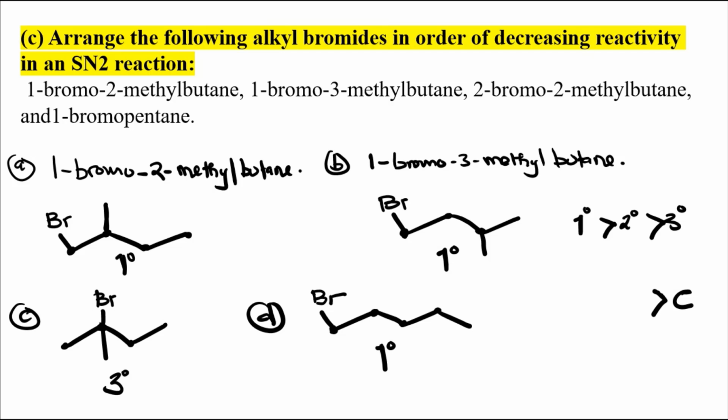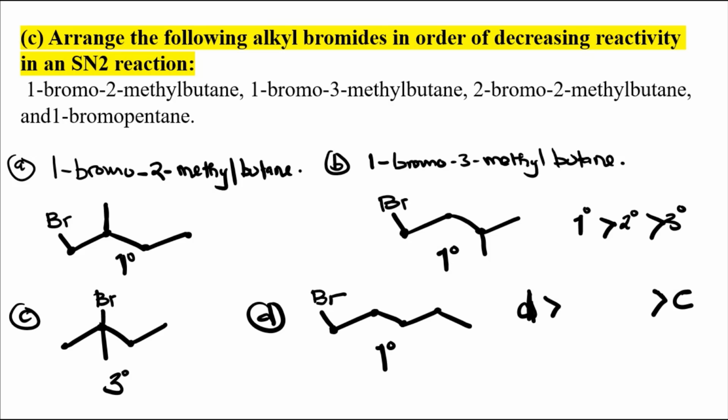If you look at D here, the bromide is attached to this carbon, and this carbon is just attached to this one other carbon, and this other carbon is only attached to 1 other carbon. Okay, so D here will be the most reactive. Why? Because it is the least substituted.